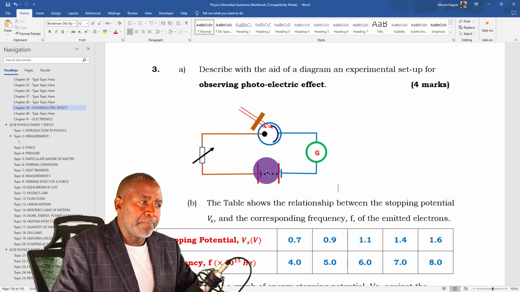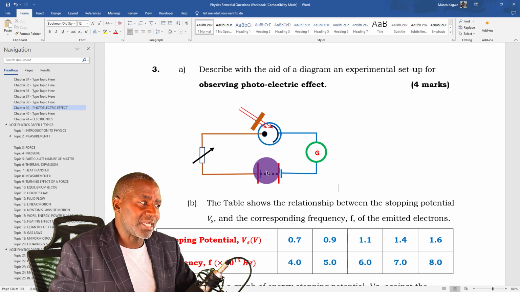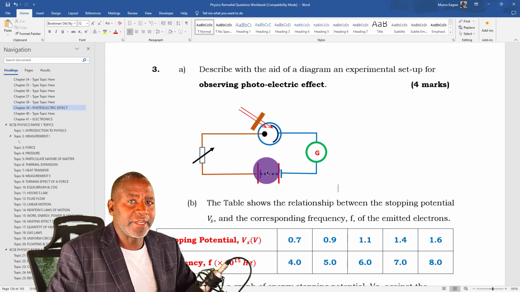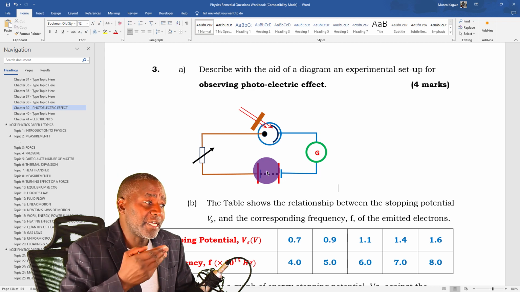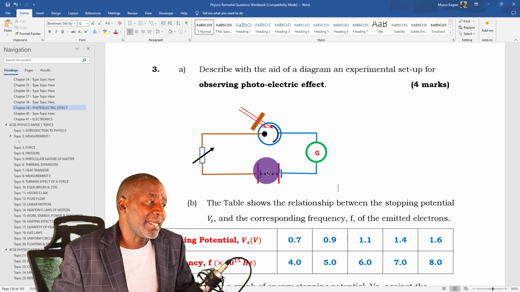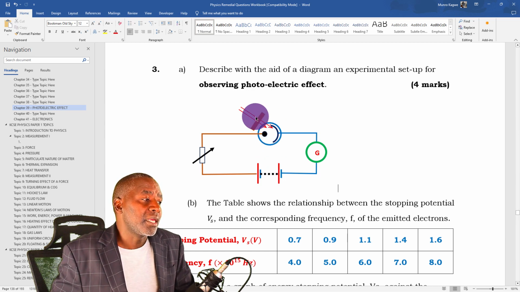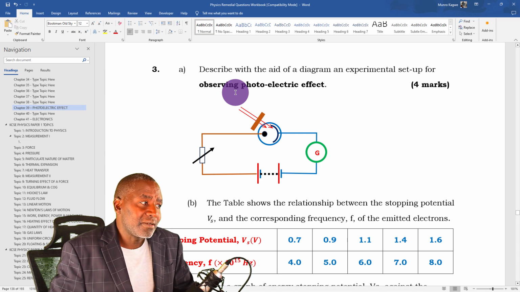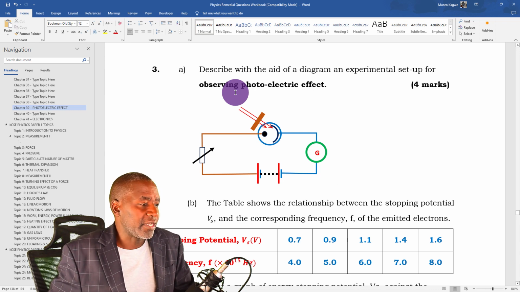When the piece of cloth is removed so that the photocell is exposed to light, the galvanometer deflects. That is all that you need to state. When the galvanometer deflects, it shows that there is an electric current passing through, and that electric current must be caused by this light which is falling on the photocell. That's all, because we are supposed to observe photoelectric effect.